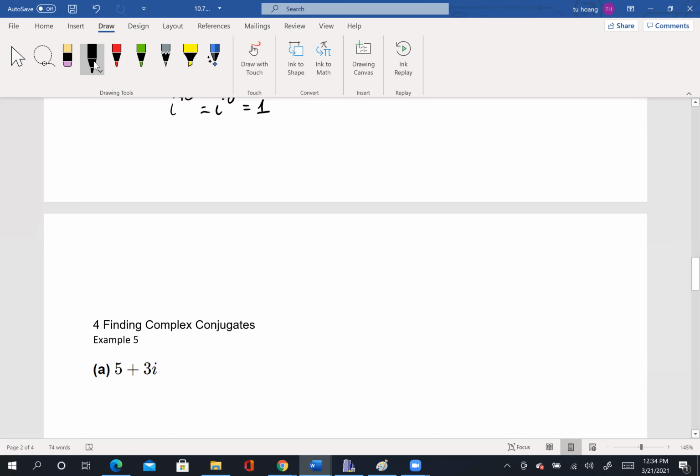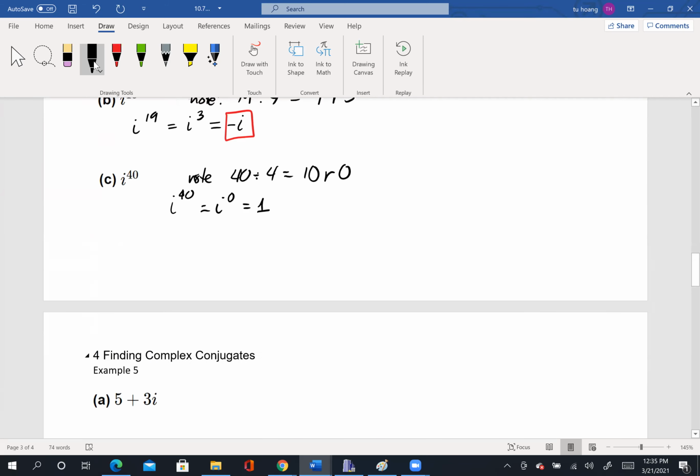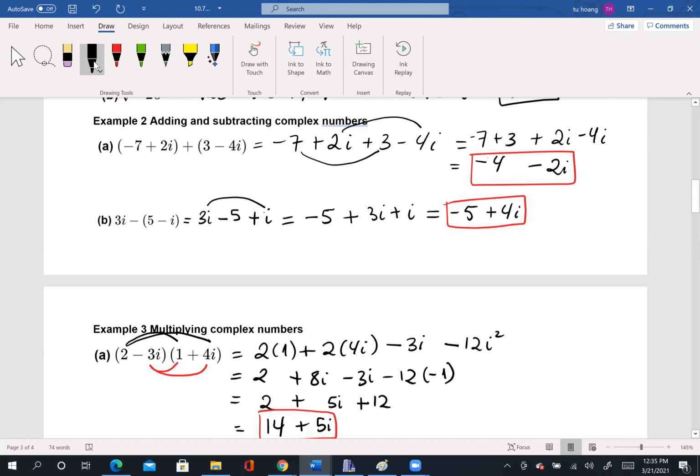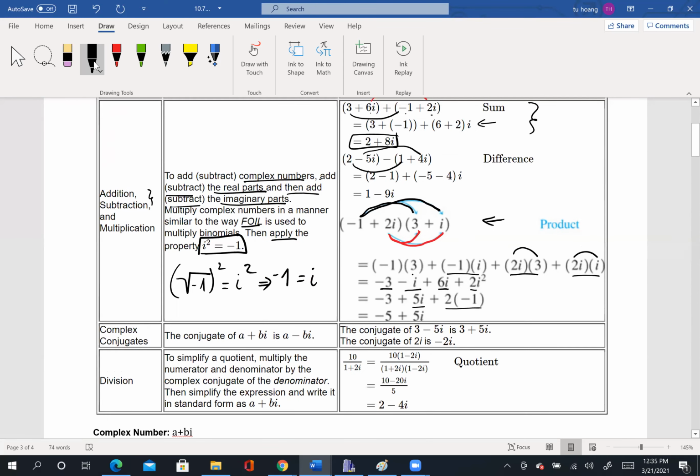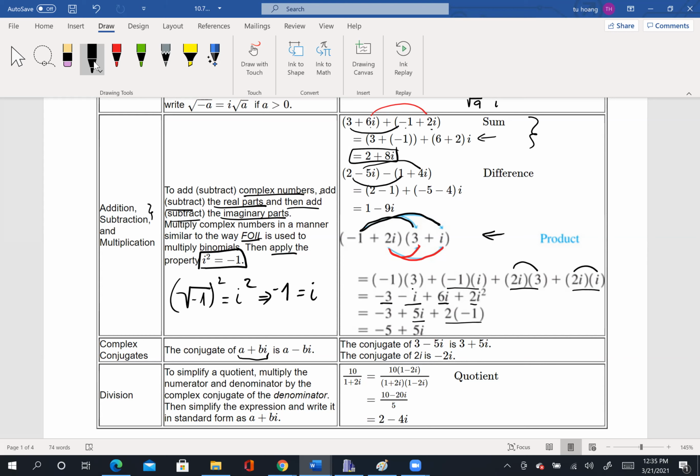And now we're just gonna move to finding the complex conjugate. So let's take a look over here. What is a complex conjugate? The conjugate of the form a plus bi is just a minus bi, similar to the conjugate we learned last time.